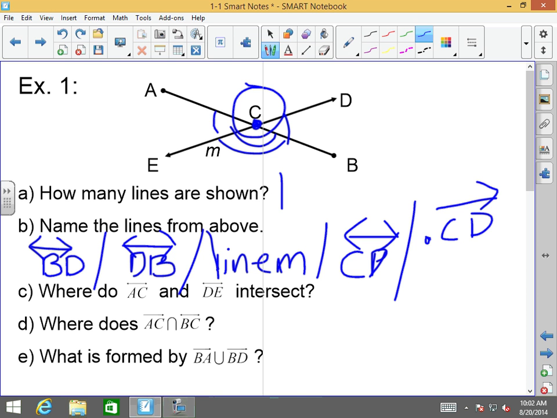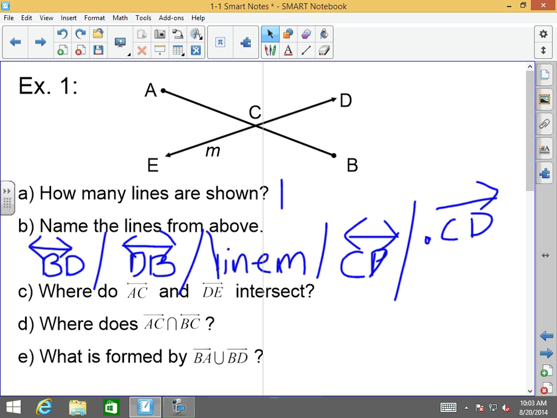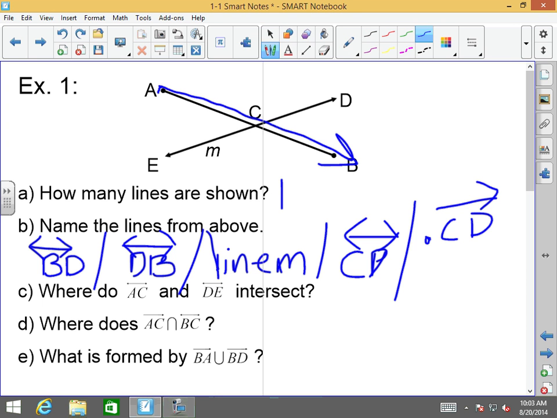Yes. Okay. Where does ray AC intersect with line BC? This is a good one. How's that happening? If I look at ray AC, I got this guy right here, this ray. But then I have line BC, which would be going this way, right? So who's overlapping there?